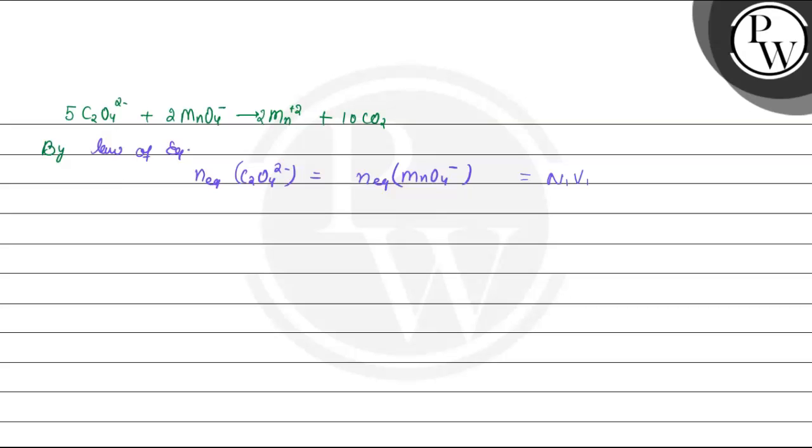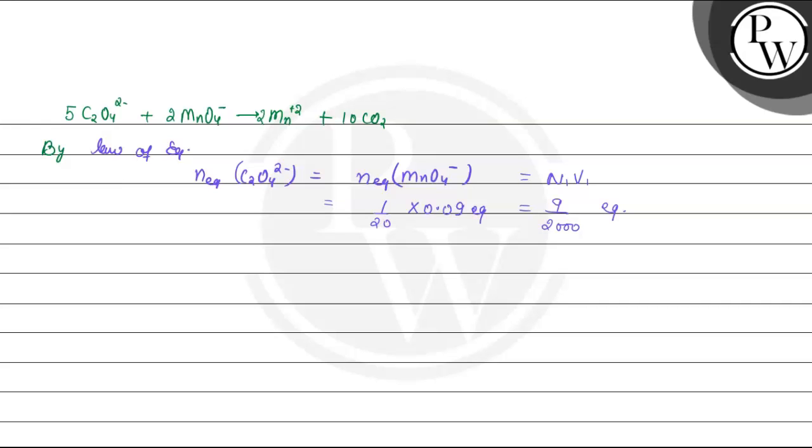Here the normality of MnO4 minus is given, which is 1 by 20, multiplied by 0.09. It is equal to 9 by 2000 equivalents.